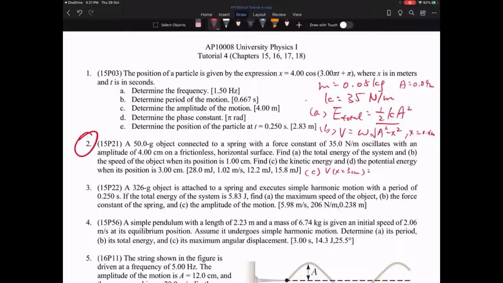Still, you use the equation omega times square root of a squared minus x squared. In this case, x is equal to 0.03 meter. And afterwards, you decide what is the KE, 1/2 m v squared. And finally, potential energy is just 1/2 k x squared.